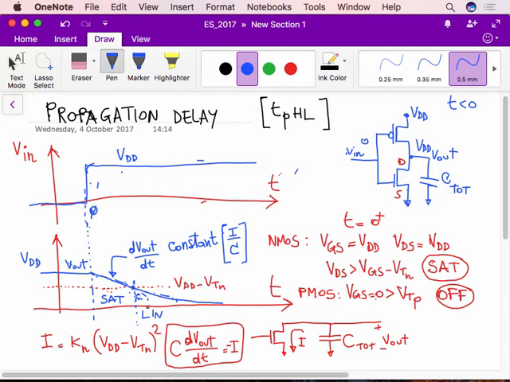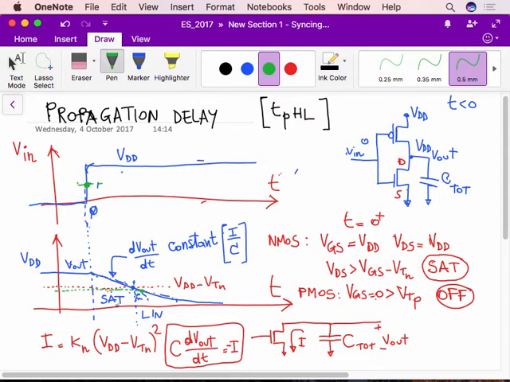Okay? Now, if you consider the definition of propagation delay, you remember we need to check the time at which the input voltage passes through VDD half, and it is this time. It is zero by assumption, by definition at the beginning. And then we have to consider the time at which the output voltage goes to VDD half.